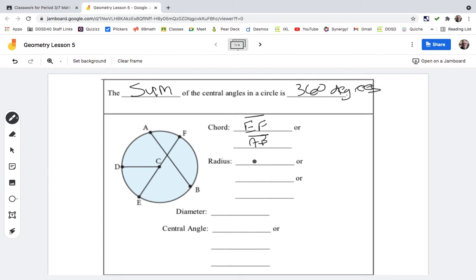The radius is either CE, CD, or CF. The diameter is EF or FE. And central angles, angle ECD, angle DCF, and angle FCE.